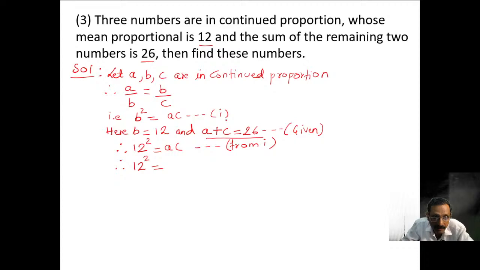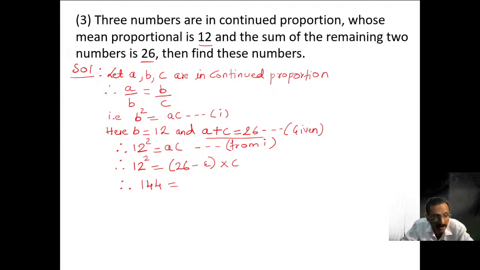That is, if I bring the C this side, it becomes 26 minus C. So what I do is, I put here 26 minus C, and what I have with me is this C which is given to me, which is multiplied here. Okay. Therefore, 12 square, as we know, 12 into 12 gives me 144, which is equal to 26 into C.